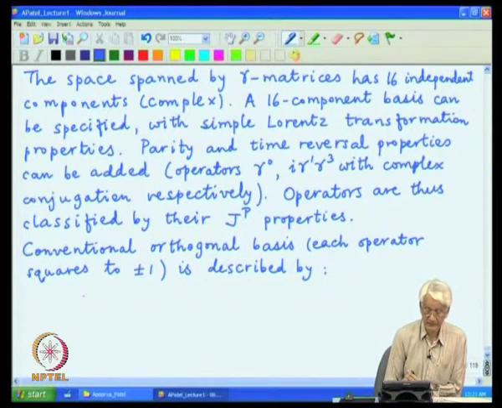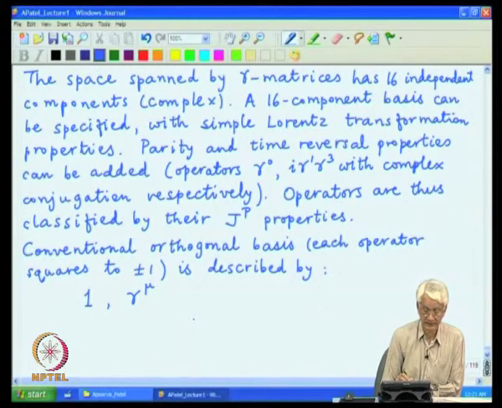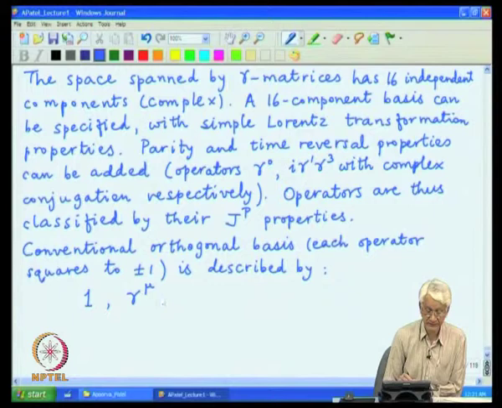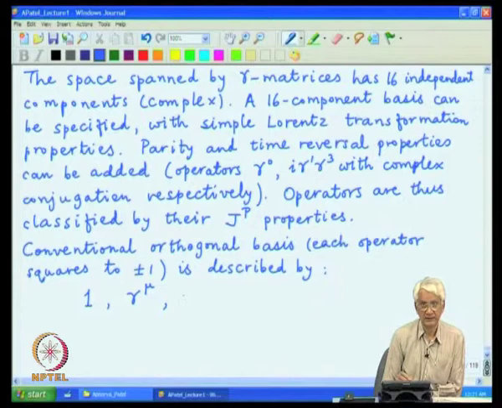These are the 16 operators. I am just going to write down. First is identity, the second are the 4 gamma matrices themselves, the third one is objects described by 2 gamma matrices, and the symmetric part just leads back to the Minkowski matrix.